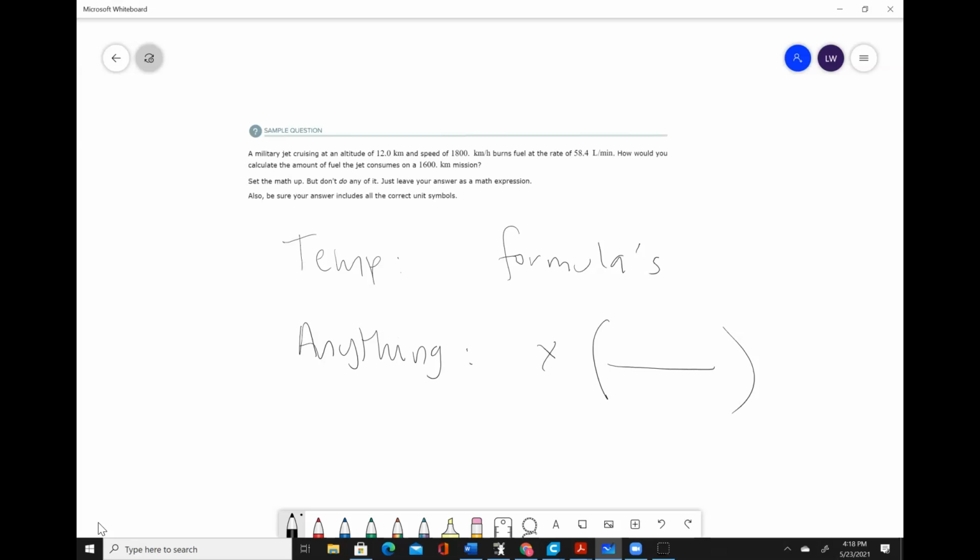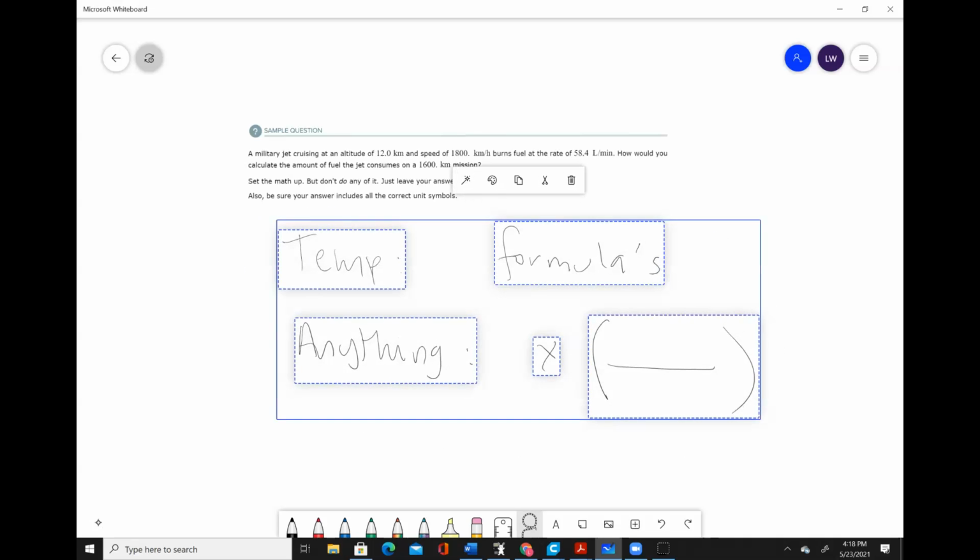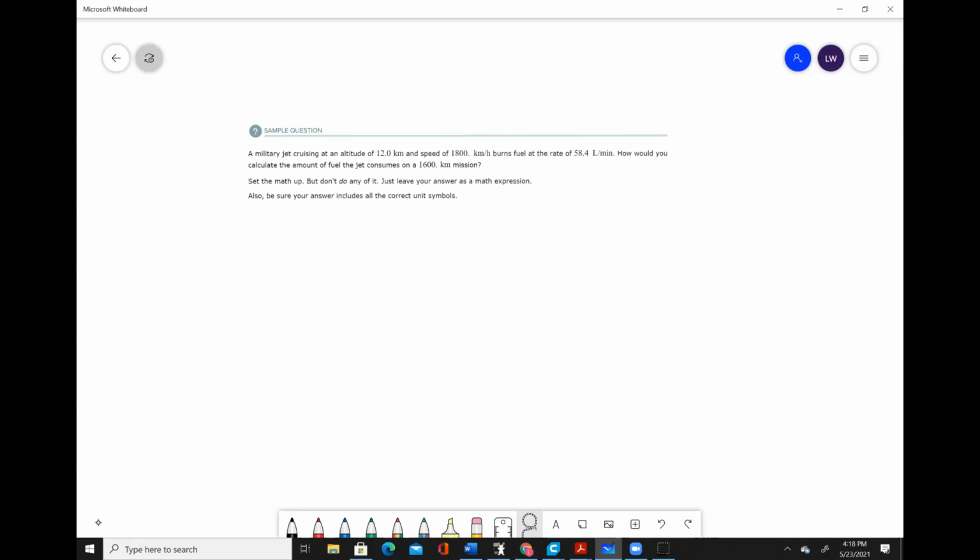So let's see what we've got going on here. The question's about a military jet. It's cruising at an altitude of 12 kilometers and traveling at a speed of 1800 kilometers per hour. Now, the 1800 kilometers per hour captures my attention because that is a conversion factor.